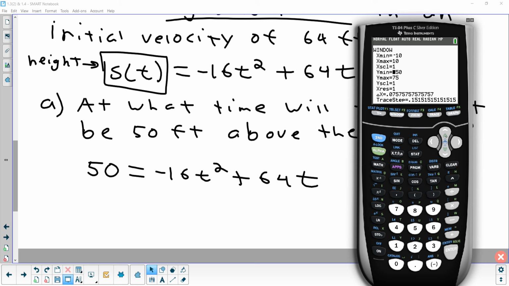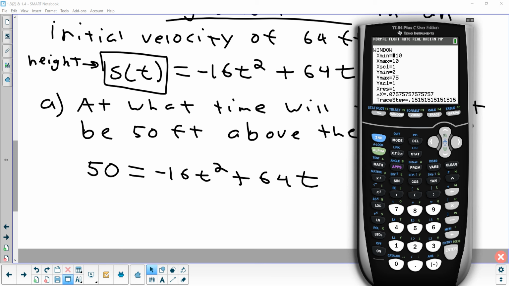Y min. Okay, remember, Y represents your height. What's the lowest height that I could have in this problem? Yep, 0. Doesn't make sense to go that underground. X is time. What's the lowest time I could have? Negative 10 doesn't make sense.